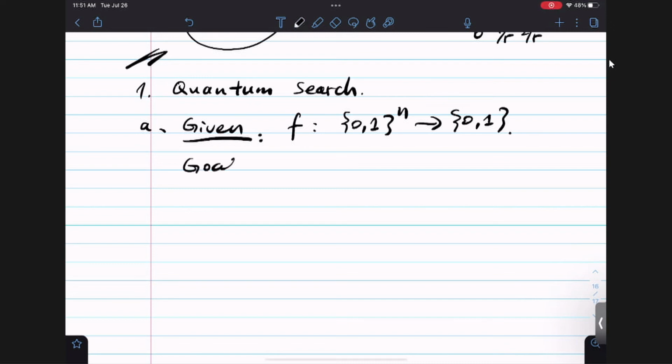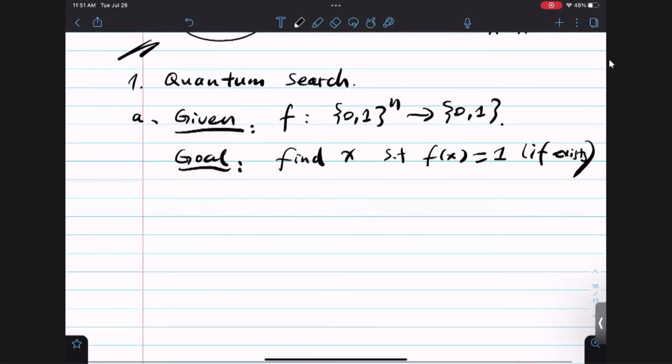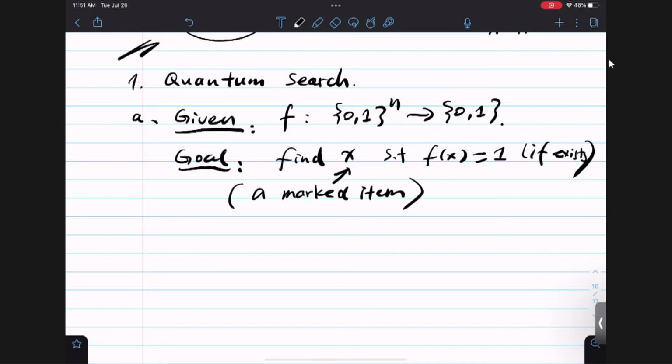The goal here is to find some special string x such that it maps to 1, if it exists. We call this x a marked item. We want to find such a marked item if it exists. If it doesn't, we just say it doesn't exist.